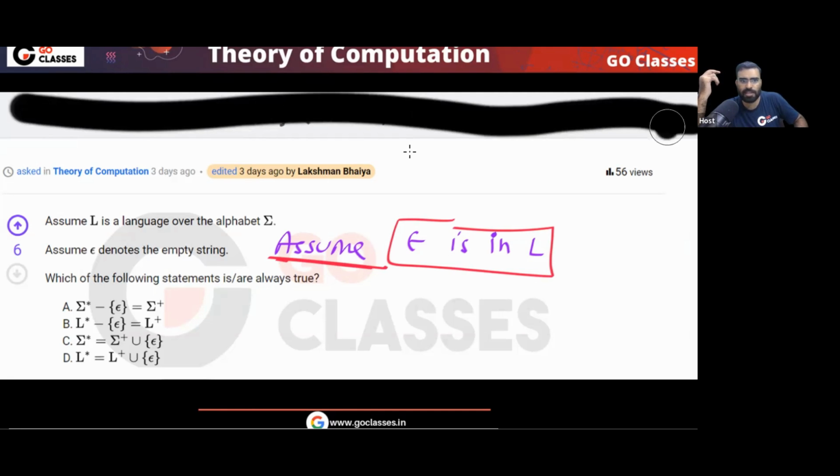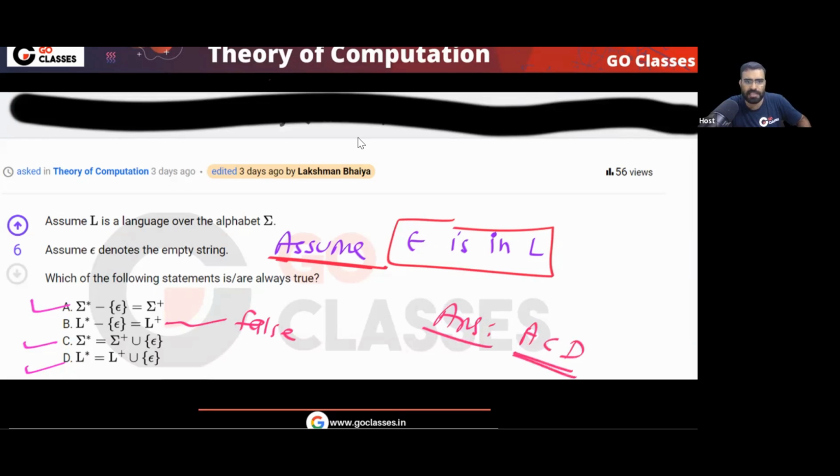In this situation, they already give you that epsilon is in L. So here you can notice that again this statement is false. Again these statements are true. These statements are always true. Here also again you can notice this statement is false. So in this situation your answer again will be ACD, right?